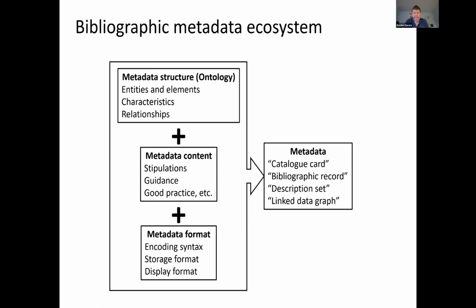That includes what entities and elements are being included in the description, what their characteristics are, and what the relationships between entities are. This metadata structure, when formally presented, is known as an ontology. The word ontology itself has multiple meanings, but this is what I will refer to as an ontology.